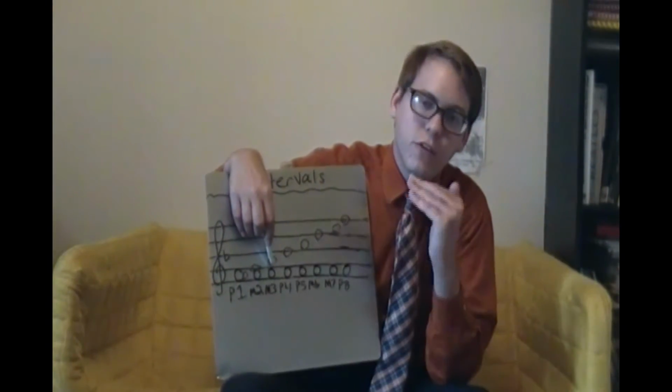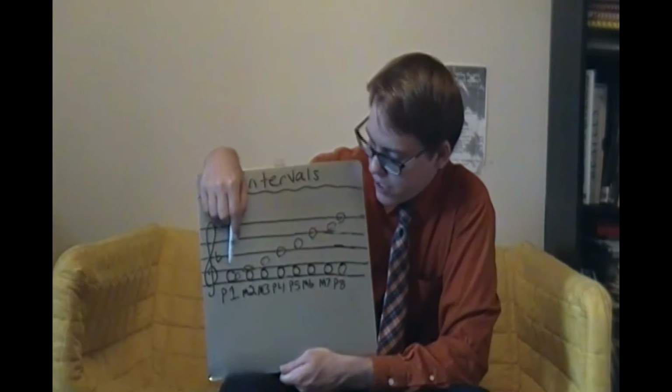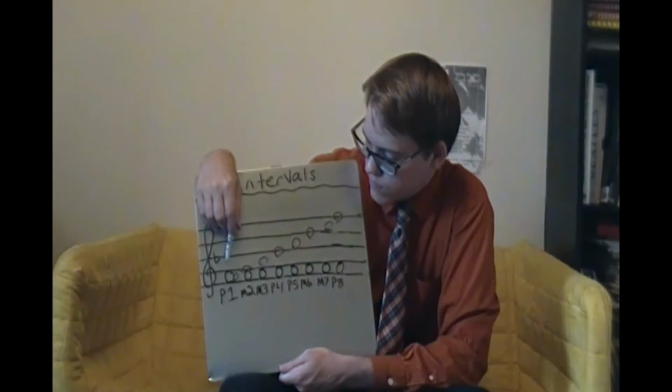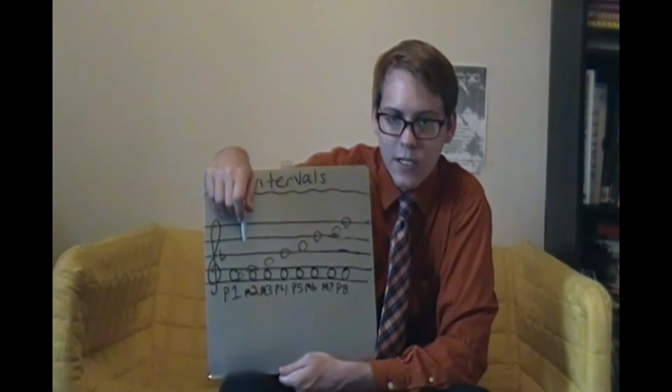If it was minor, it'd be 3, if that makes sense. I think it's easier just to look at the key. And if A exists within the key of F, then we know that it's our major third.